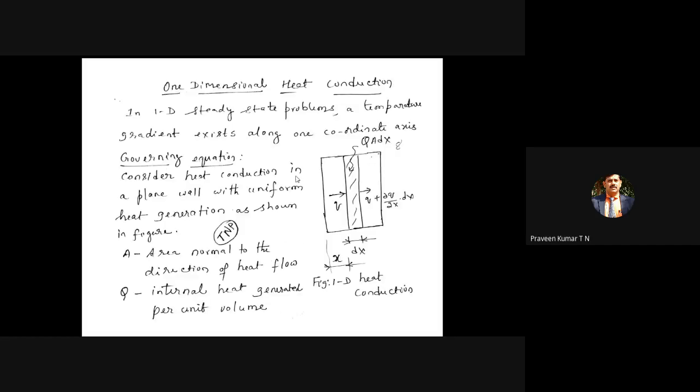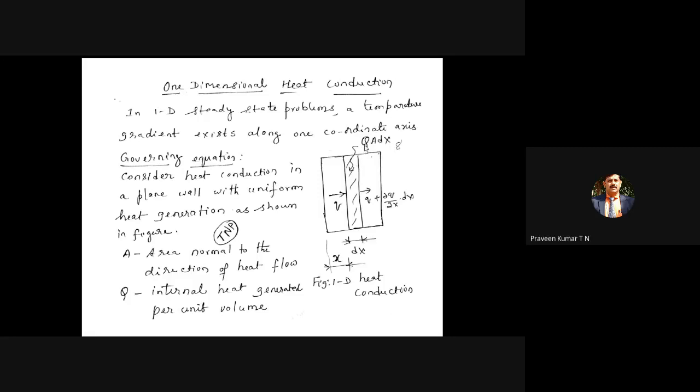So now we are talking about only one-dimensional heat conduction. The governing equation: we already know that you are considering a small element. It is not a finite element. You are considering a small elemental strip. Then the heat generated within the elemental strip is given by Q into A into dx.